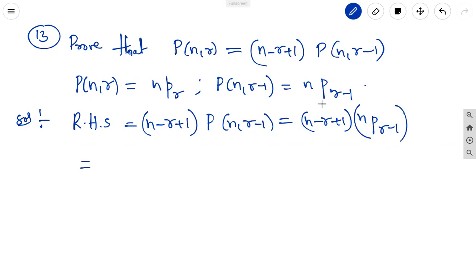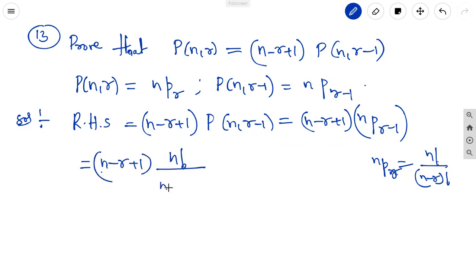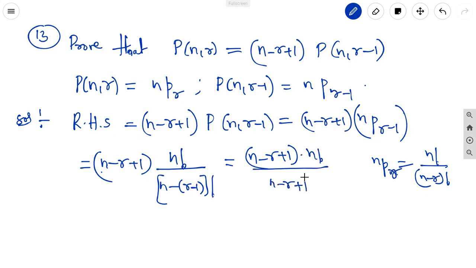Then by the permutation, nPr equals n factorial by (n minus r) factorial. Now write here using the formula: (n minus r plus 1) into n factorial by (n minus (r minus 1)) factorial. That is equal to (n minus r plus 1) into n factorial by (n minus r plus 1) factorial.